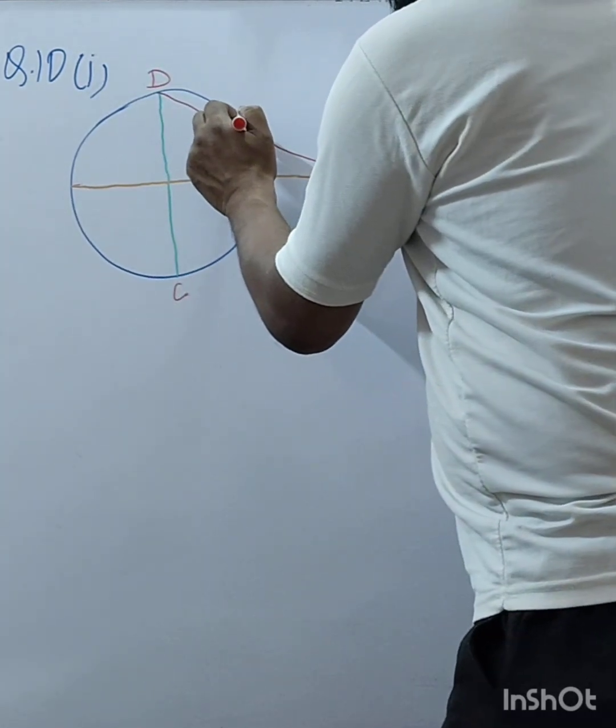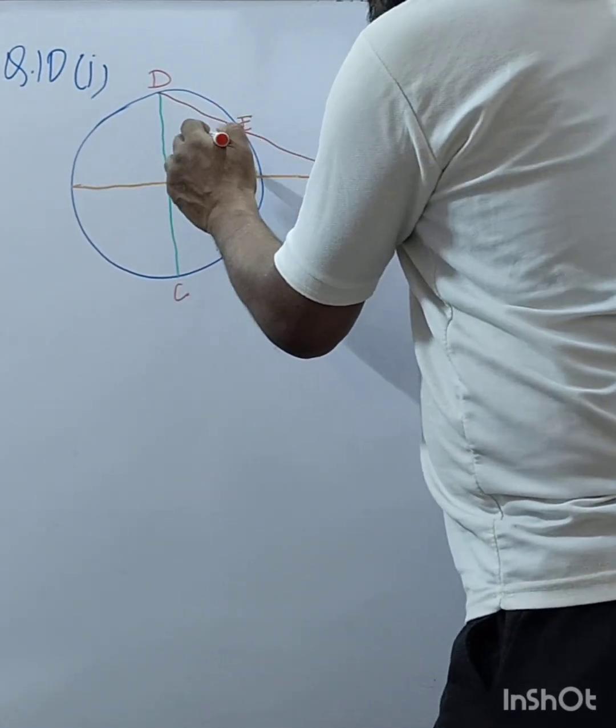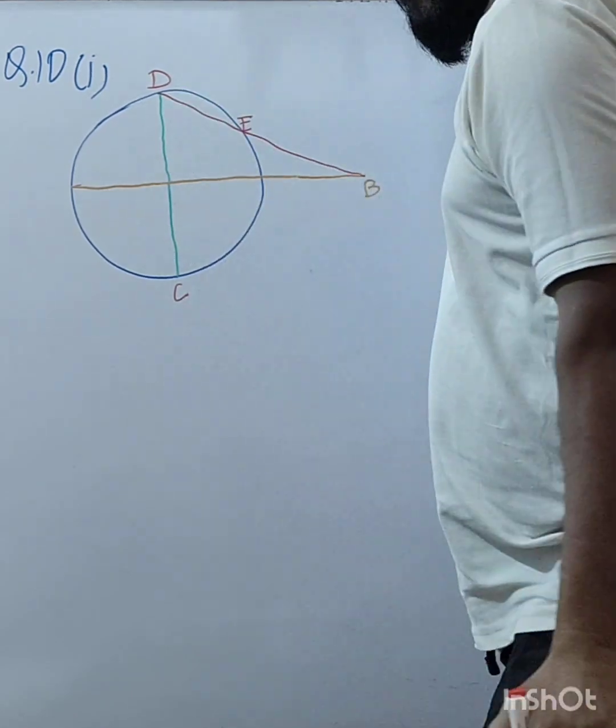The point of intersection where it intersects the circle is E.